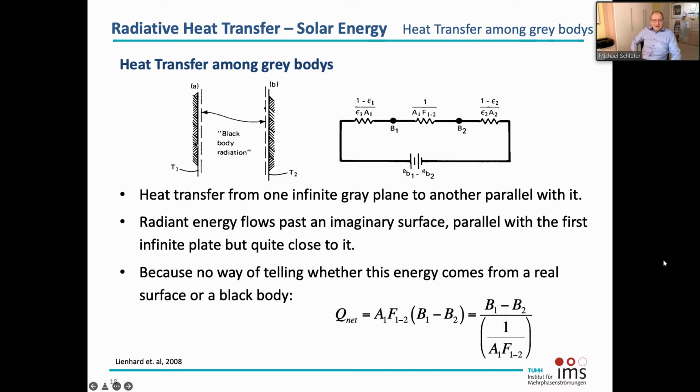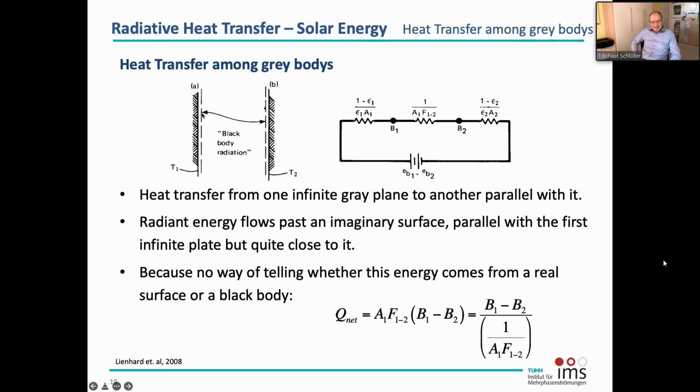Therefore, we need to take into account the resistances. So the resistances between the ideal black bodies, and the resistance on the one hand side here is the gray body approximation, because we have some losses since we don't have a real black body, we have a gray body.